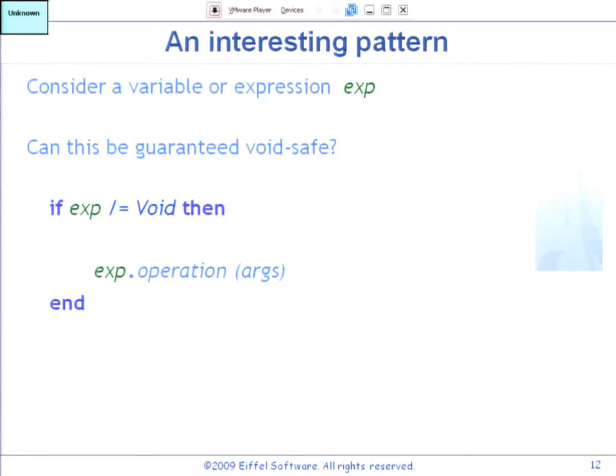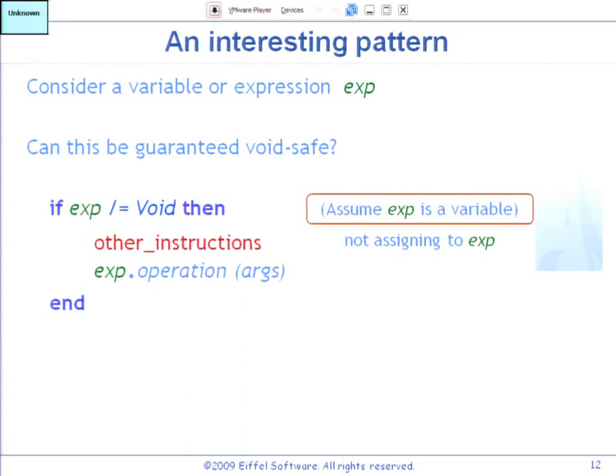So let's give an example. If you look at the following line of code, can we guarantee that it's void safe? Actually, we can't, because if x is any kind of expression, it might return different values if you call it twice in a row. So let's assume that x is a variable. Will it work?